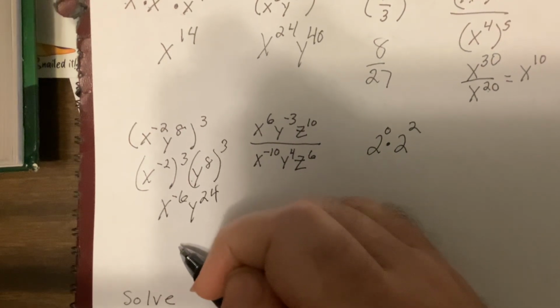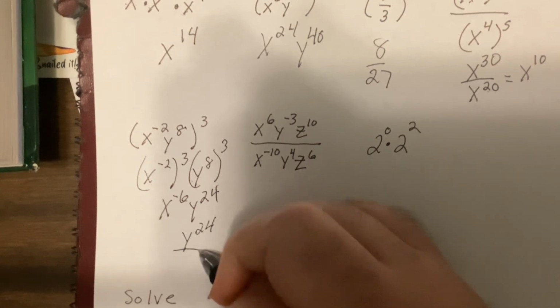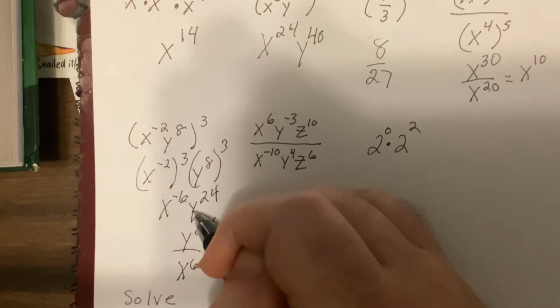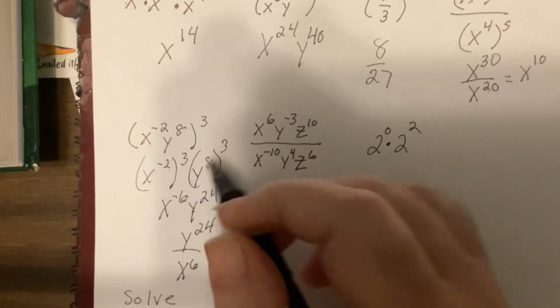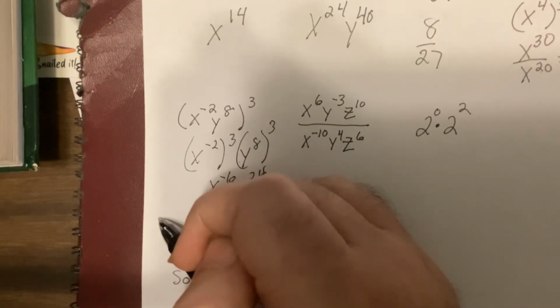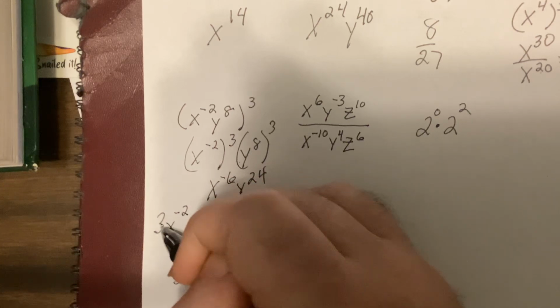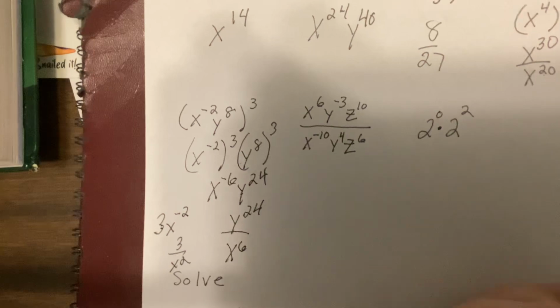Remember, we like to move it. So it's y to the 24th over x to the 6. Notice I did not move the y because it doesn't have a negative power. Now be careful. If you add this, 3x to the negative 2, the 3 does not move. It's not in parentheses. It'd just be 3 over x squared.